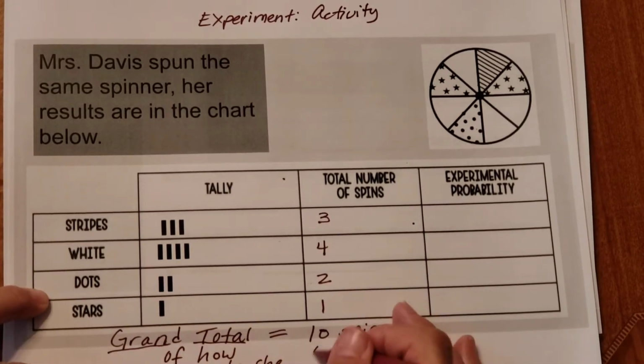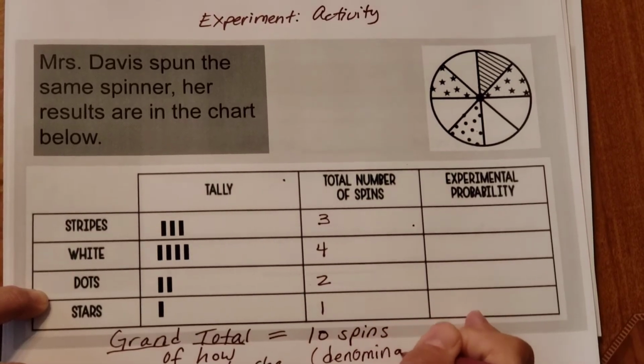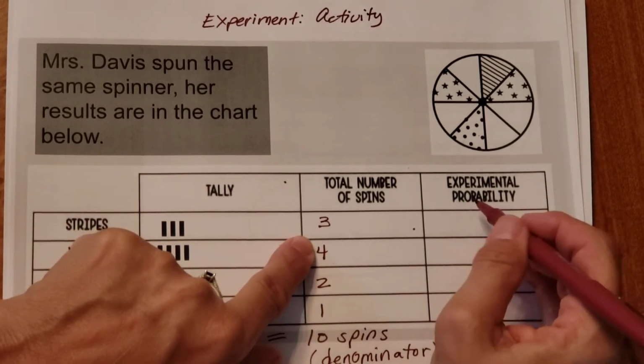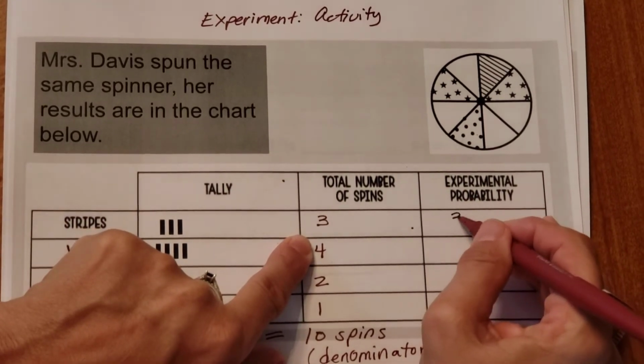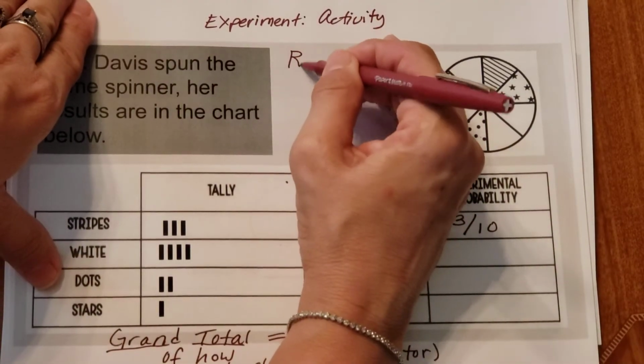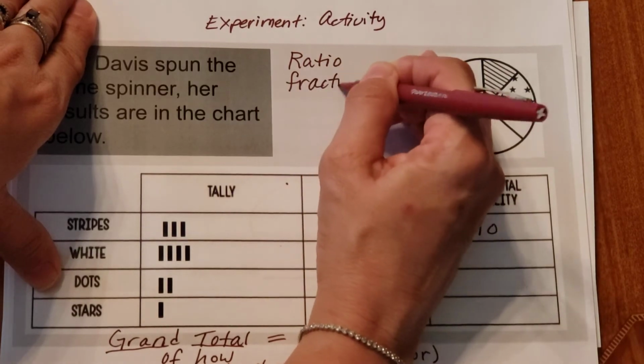The grand total is going to be your denominator. So you got to get the denominator. So from the 10 tries she did, stripes came out 3 out of 10 because it's a ratio. So you're trying to create a ratio, right? Which is a fraction.